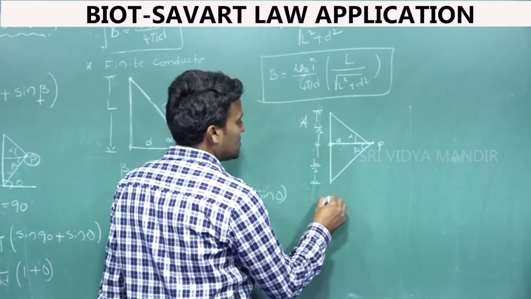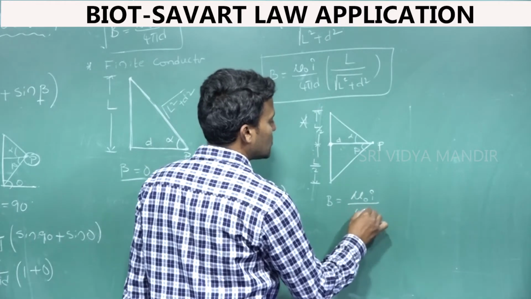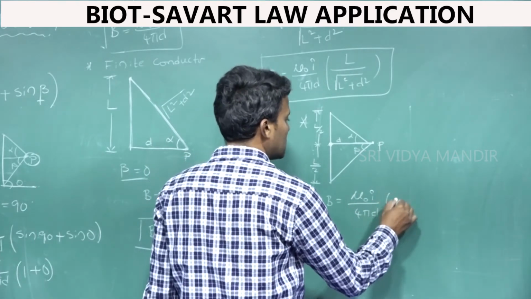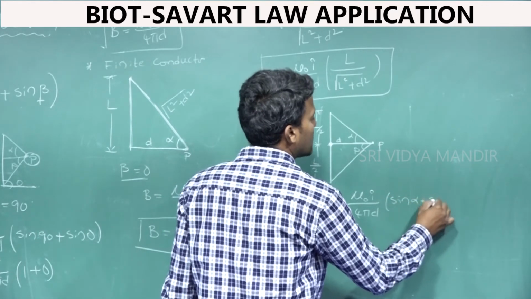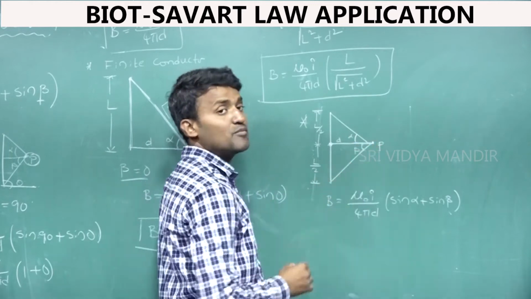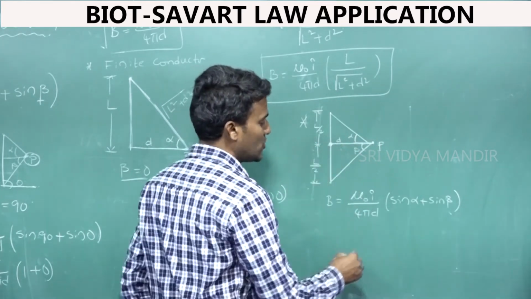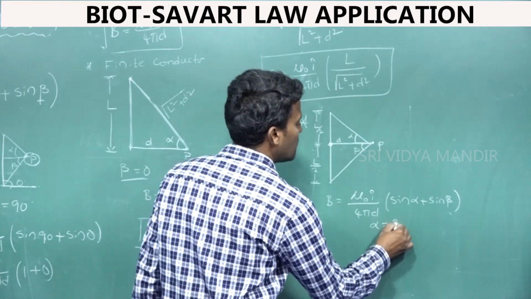Now what is the formula? B is equal to mu naught I divided by 4 pi D into sin alpha plus sin beta. See here, both angles are the same because we took exactly the midpoint. So alpha is equal to beta.